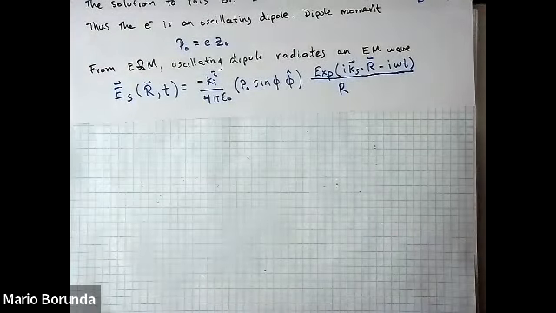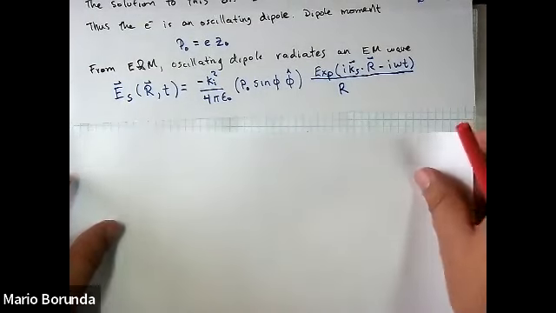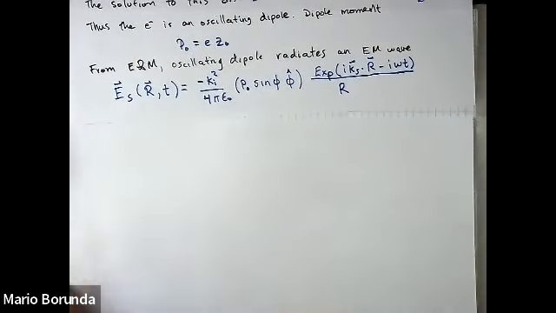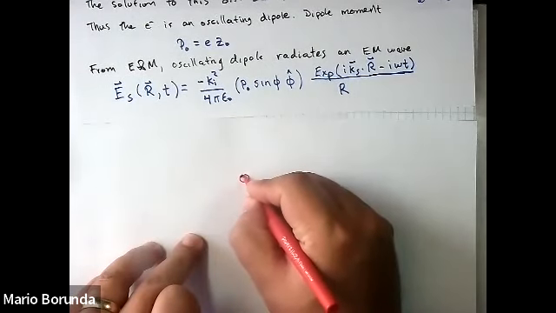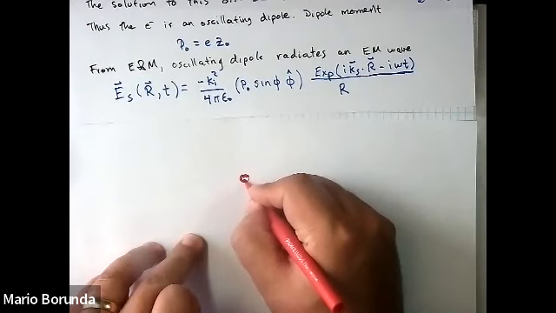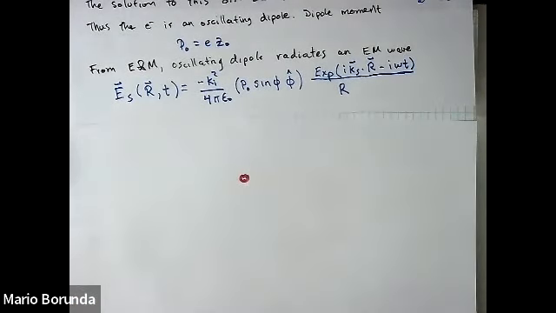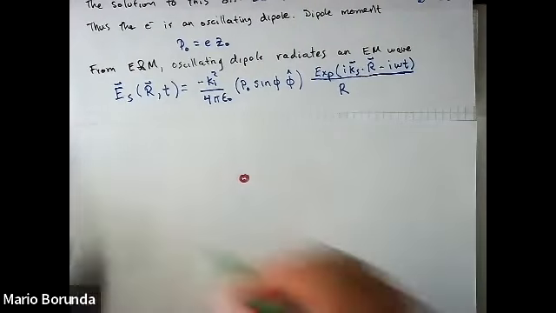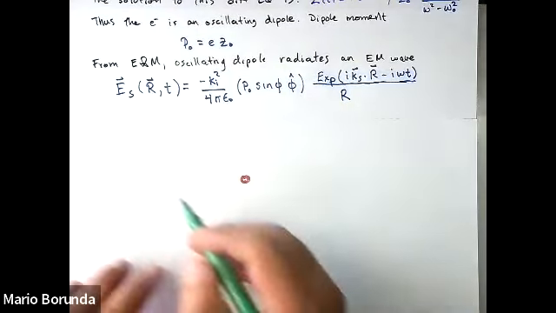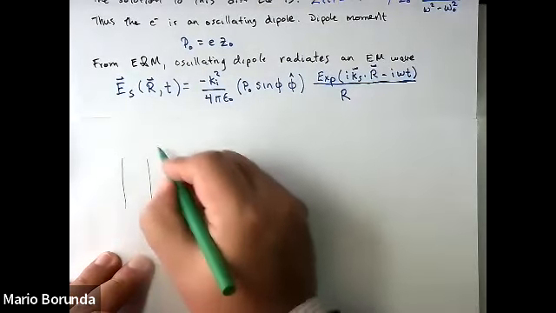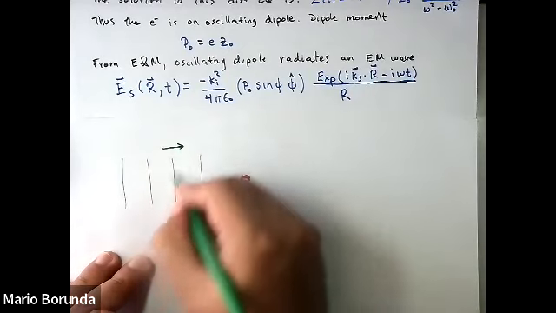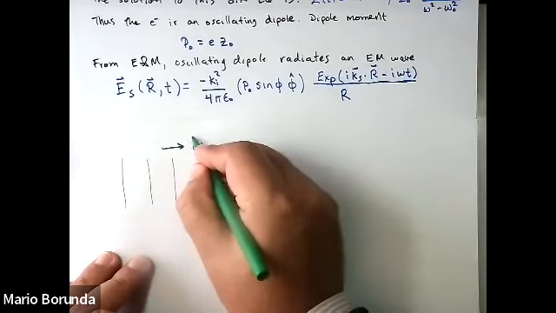The main thing though is, let me draw this cartoon over here. We have our electron here. This is our electron. There's a plane wave coming in this direction, and it has some Ki wave vector.